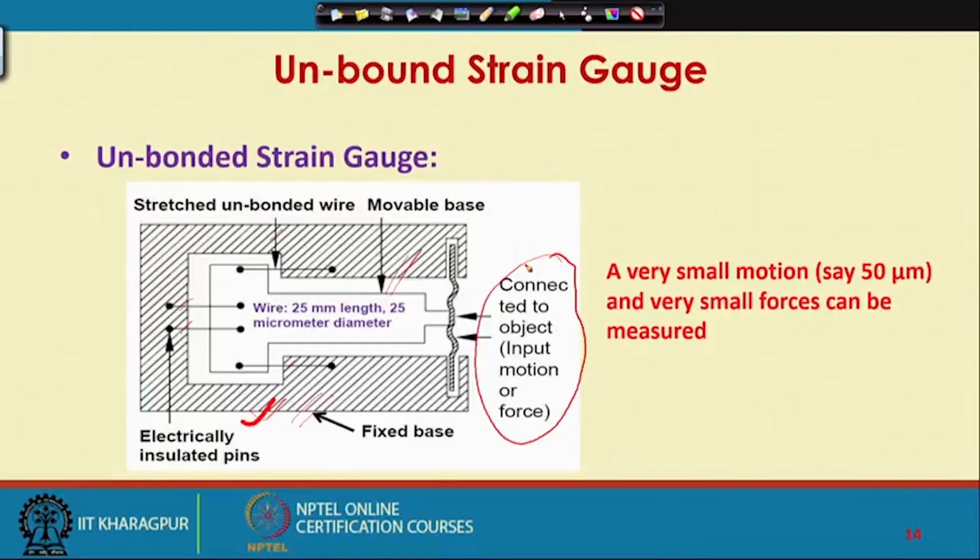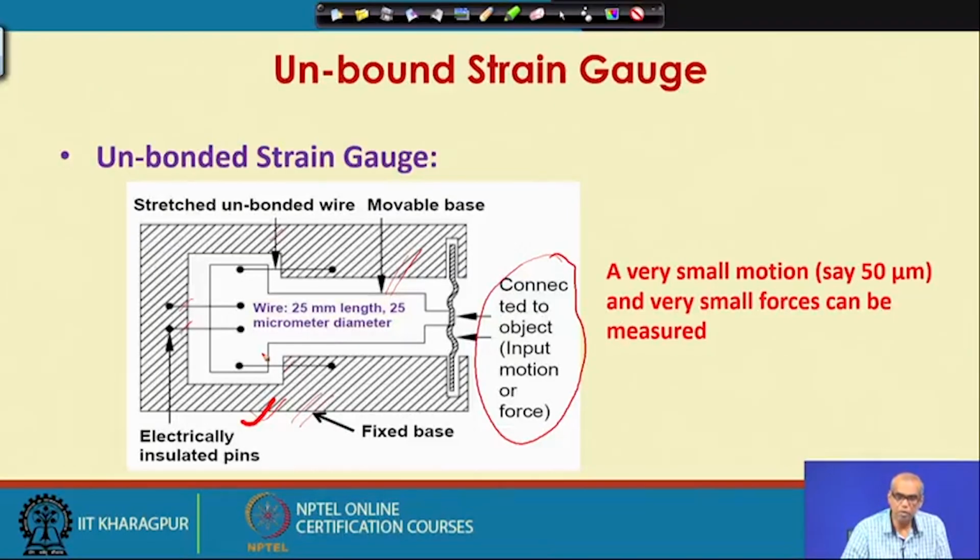Now, strain is nothing but a displacement which is a motion. You can also apply force here. Now, when you apply force here or you connect this part to the object whose displacement or strain needs to be measured, these wires are so connected that the tension of two wires will increase and the tension of two other wires will decrease.